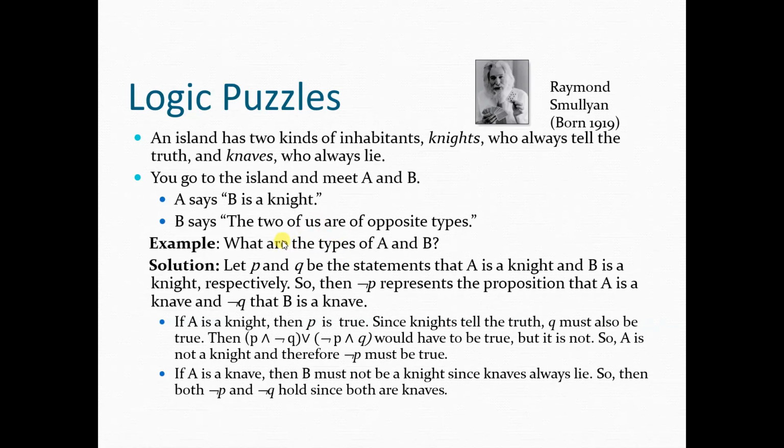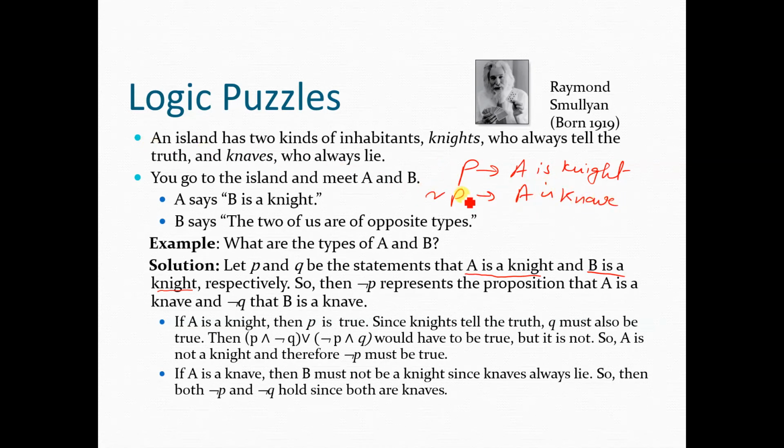So let's assign two variables. First of all, P and Q be the statements: A is knight and B is knight respectively. So if P means A is knight, then negation P means A is knave.